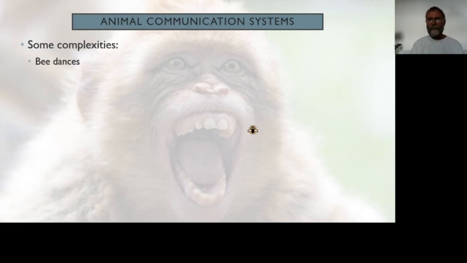Basically this dance is a D shape, and like a D it has a straight part and then a curved part. It's the straight part of the dance which conveys meaning.